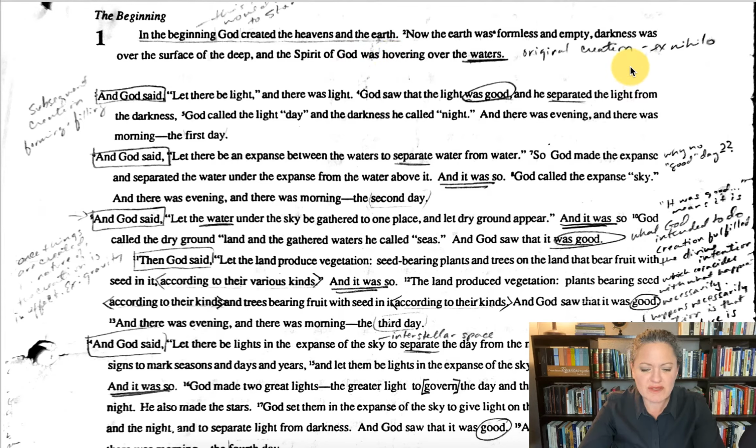So you should be thinking, what are the waters? It seems like this is everything. Everything is in one location. The deep is the waters. The earth is within this formless and empty waters. So there's an original creation that is this.